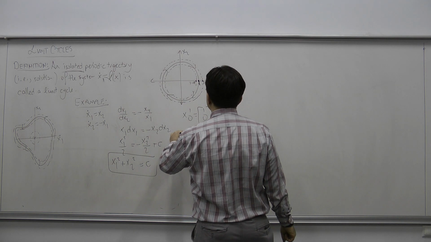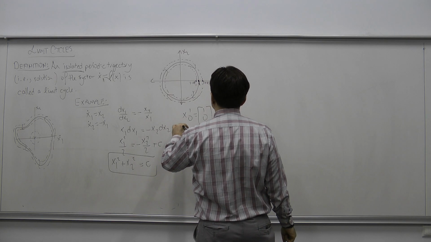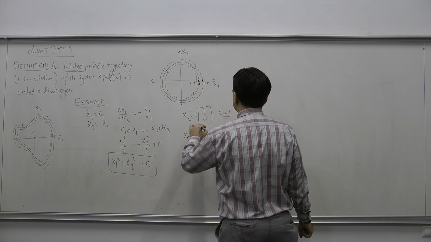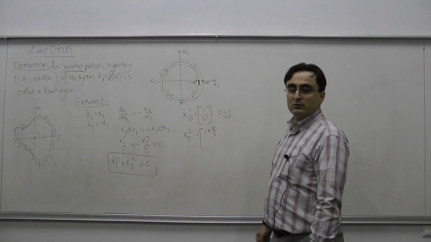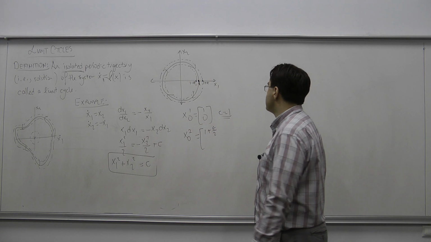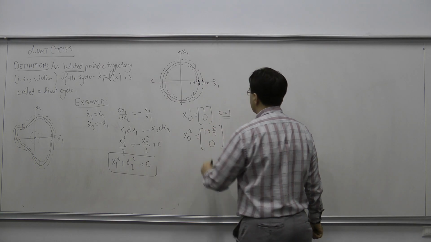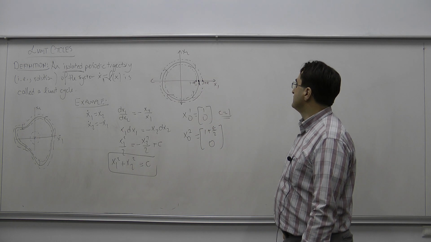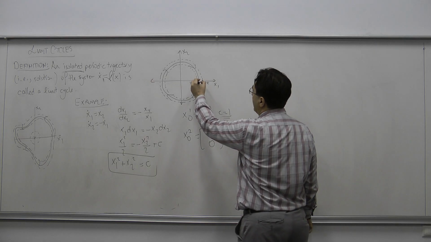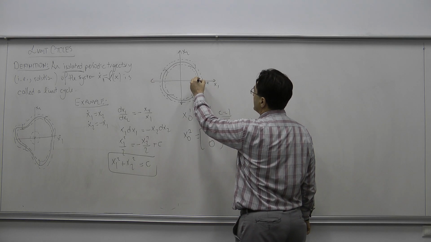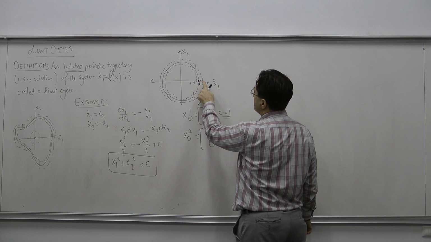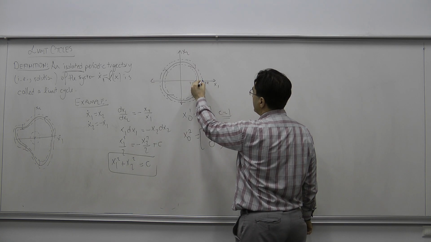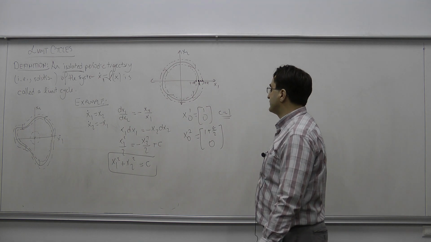Now consider the following initial condition: x0 is (1 plus epsilon over 2, 0), all right? Then I would start a periodic trajectory right in the middle of 1 and 1 plus epsilon. The initial condition would be like this.